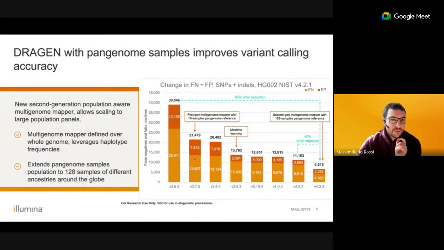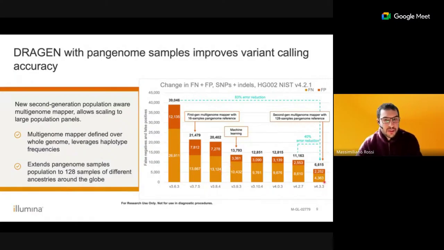The first major improvement is the multi-genome mapper with the 16 sample pangenome reference. This compares using a pangenome versus using a linear reference, and you can see about a 45% error reduction when you use the pangenome reference. The second major improvement was machine learning, which played a very nice role, introducing a 33% error reduction in version 3.9 compared to the previous version.